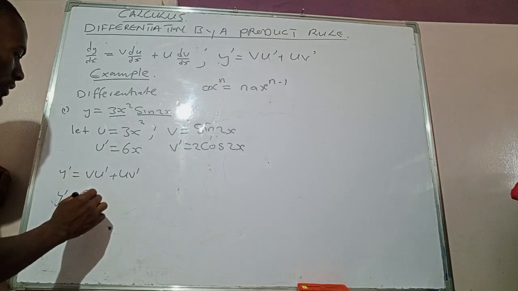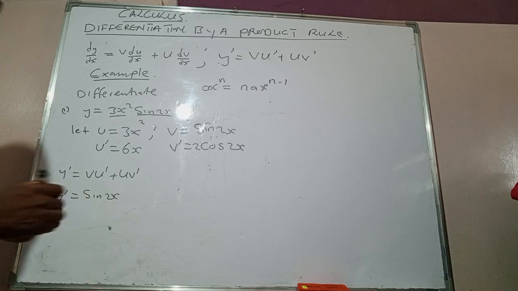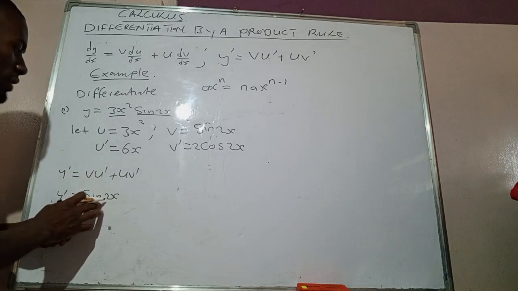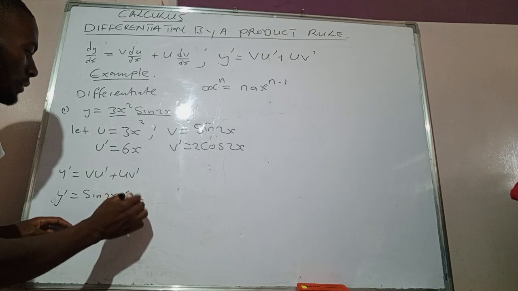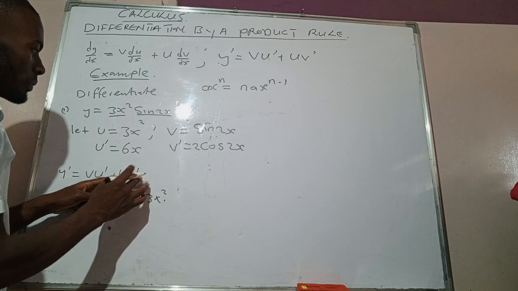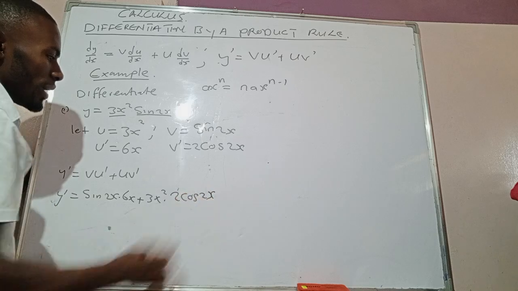Our v is sine 2x, multiplied by u prime, which is 6x, plus our u, what is it? 3x squared multiplied by our v prime, which is 2 cos 2x.